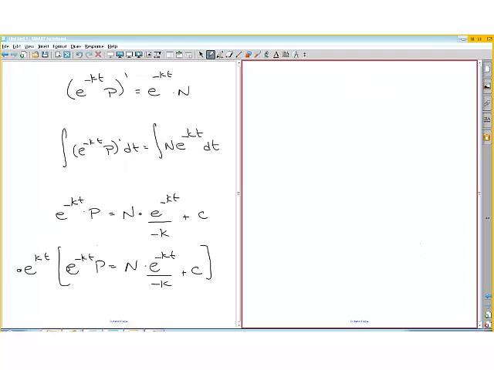What happens? e to the kt times e to the minus kt, add the exponents. That goes to 0, so this results in e to the 0, which is 1. So you just get p. Same thing happens here. So you get negative n over k. And then you get c e to the kt.